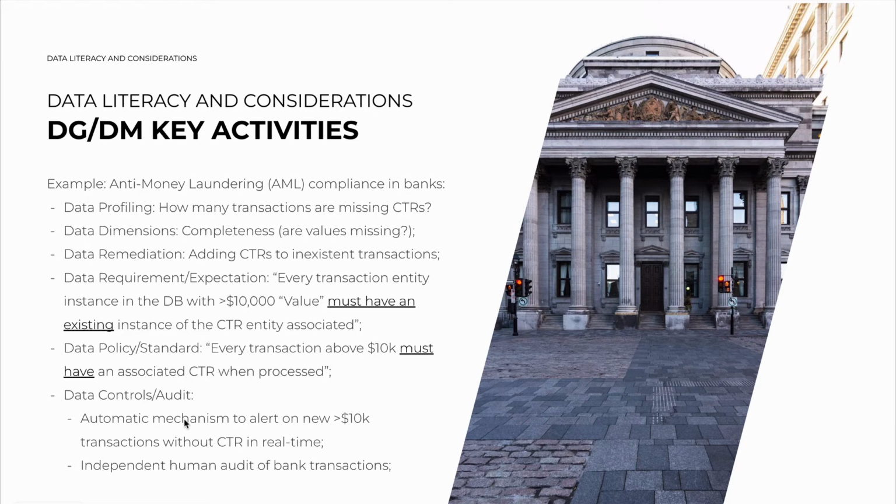You can have an automatic mechanism that scans the database periodically, or even an SQL trigger, if it's a relational database, that immediately alerts someone if there's a new transaction record above $10,000 in that field and with no CTR in real time. But you can also have independent human audits of bank transactions. That is, someone goes in, takes a sample of transactions and checks whether the reports are there or not.